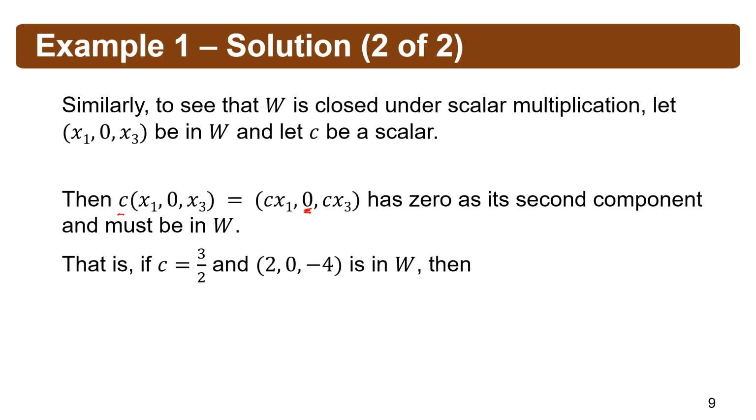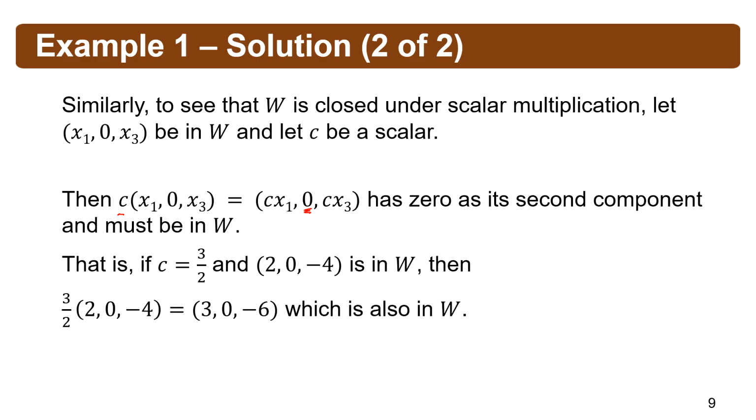For example, if we multiply by 3 over 2, again the middle term never changes, it is always 0. And if the scalar is negative, you move 3 units and then go down 6 units. Still, this is on this wall, in the lower portion.